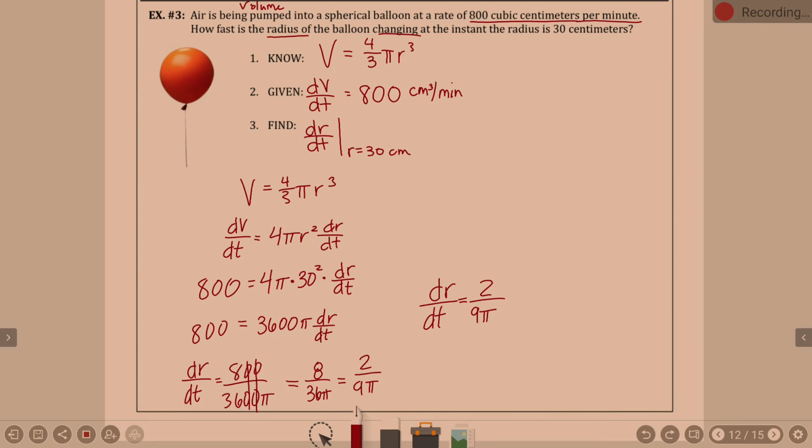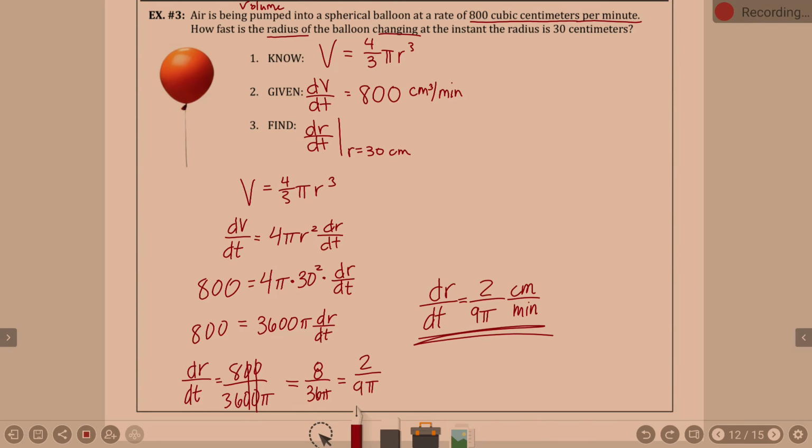No, we already evaluated. You could have the evaluated at, but usually at the end I don't necessarily. Okay, are we there?